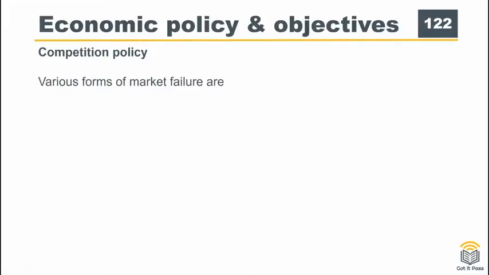So next, competition policy. Competition policy means the government needs to intervene in the market because sometimes market failure happens. There are different forms of market failure. First, imperfect competition.